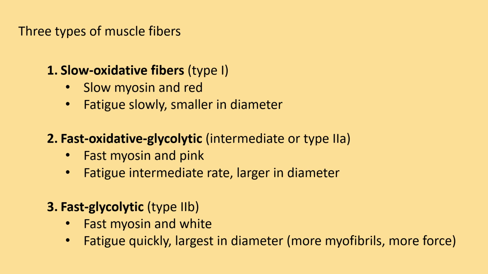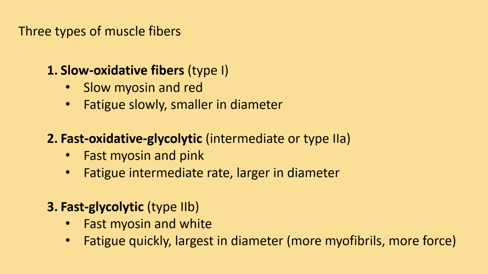As a student, you can actually think about, well, what does slow mean? What does oxidative mean? Versus the term type 1 that has no intrinsic meaning. So slow oxidative fibers have slow myosin, so they take longer to reach peak maximal muscle contraction, and they rely heavily on oxidative phosphorylation.